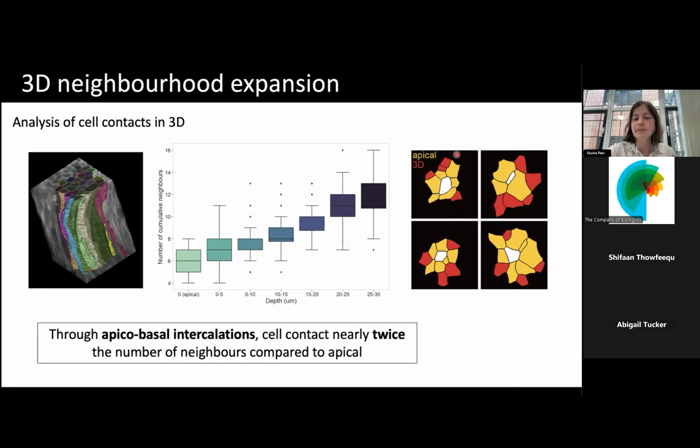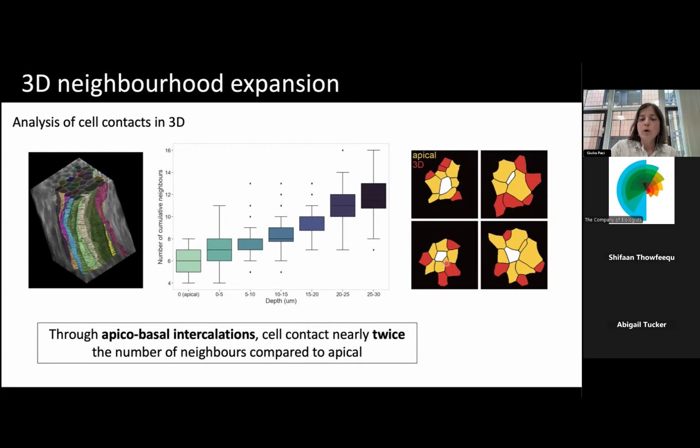And so what's clear from these images is that there is really this sort of isotropic expansion of the neighborhood that cells have, which also very nicely fits our initial prediction from the modeling that cells were increasing their range of signaling to a 1.5 to 2 cell diameter range. That was the range we always ended up with in the simulation. And this is what we see as well with these extended 3D contacts.